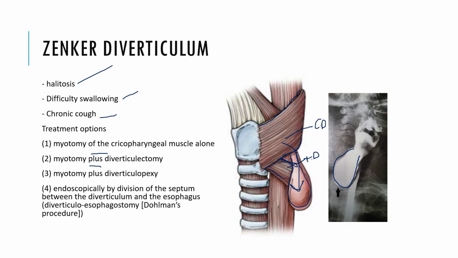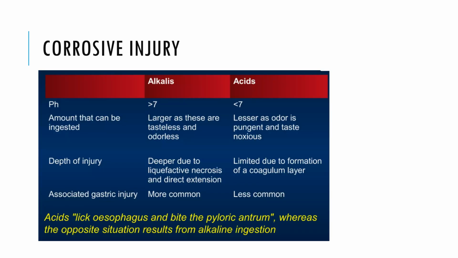Diverticulectomy means removal of the diverticulum. Myotomy with diverticulopexy, you are repairing the diverticulum, or you can do it endoscopically by division of the septum between the diverticulum and the esophagus, that is diverticuloesophagostomy. That is Dohlman's procedure, which can be done for Zenker's diverticulum.